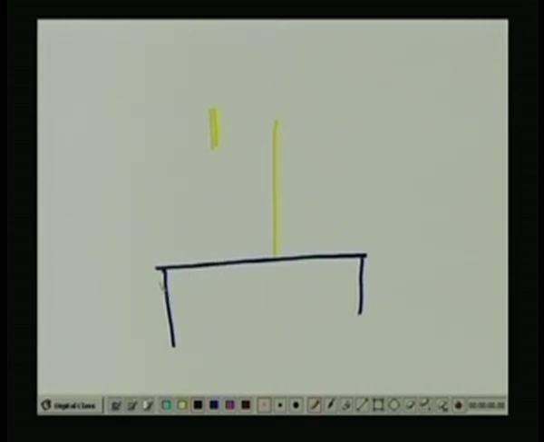If this pillar is tilted like this, some stress will be developed, because the wire will be under tension. It is an unbonded strain gauge, because any simple wire, if you pull on both sides, will have a certain amount of stress and strain, right. People used this type of measurement some time back. It is now of some academic interest, because the unbonded wire strain gauge is very uncommon nowadays.